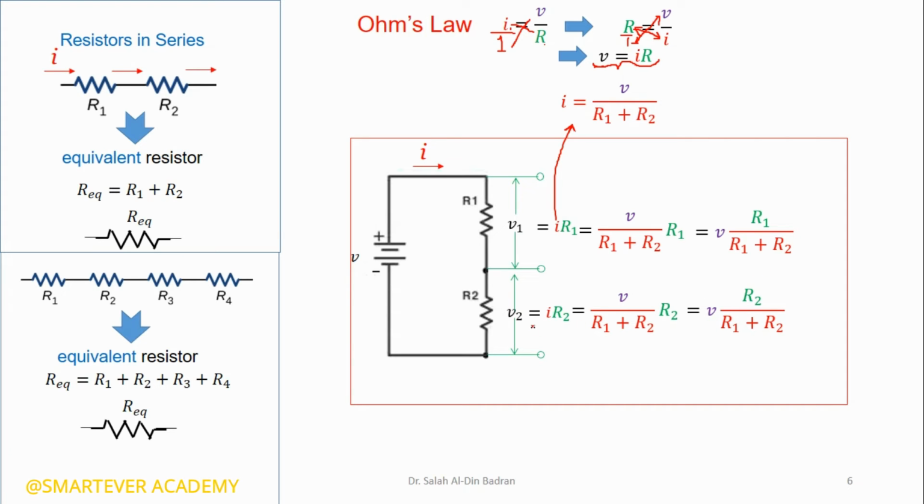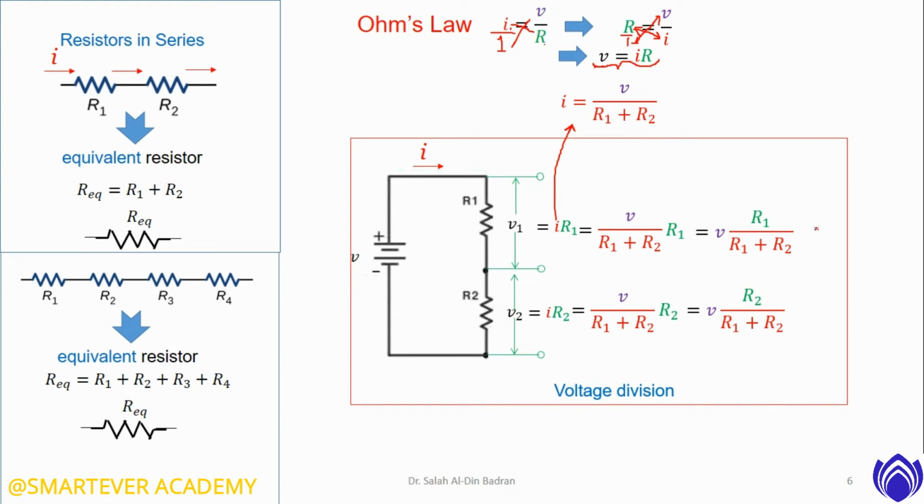You can see now V2 is equal to the total voltage multiplied by the resistor that we want to find the voltage across, over the equivalent resistor. We call this voltage division.